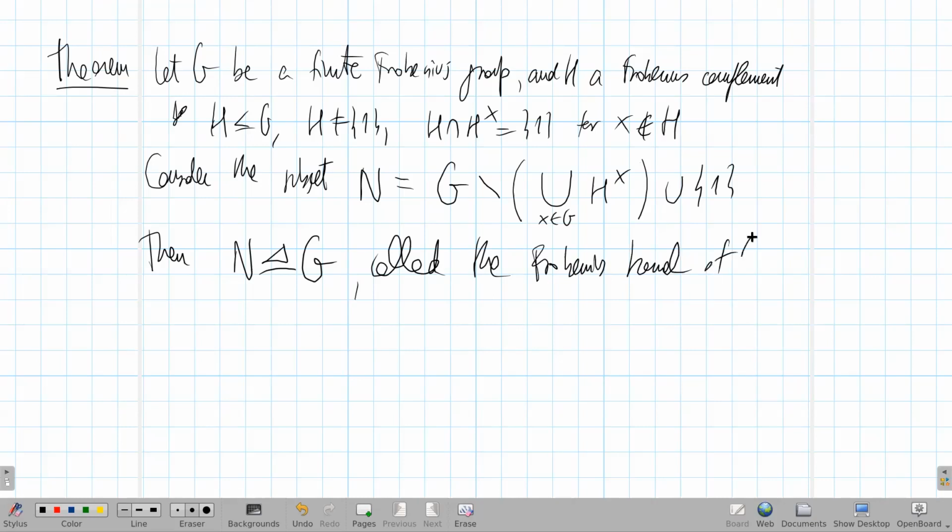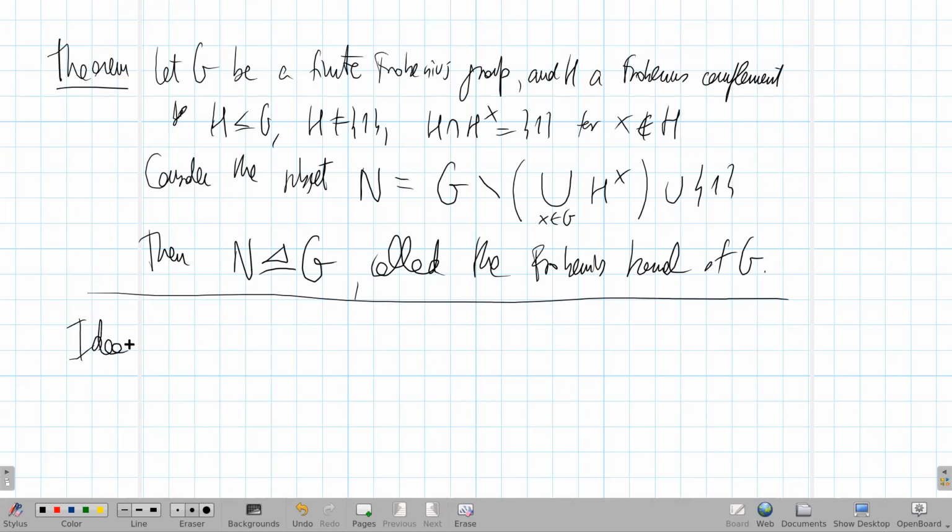of G. And we saw in examples like S3 and A4 that indeed there is a normal subgroup like this. But so far, this is just a subset. So the idea is to show that, okay, that's the statement.